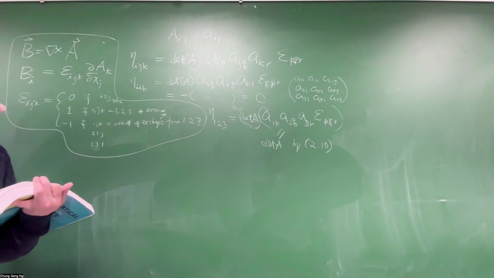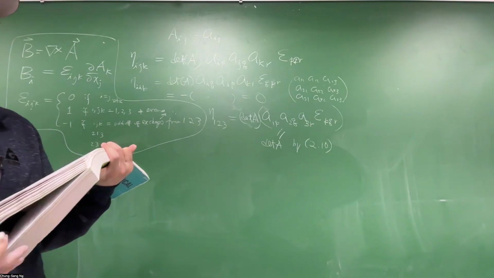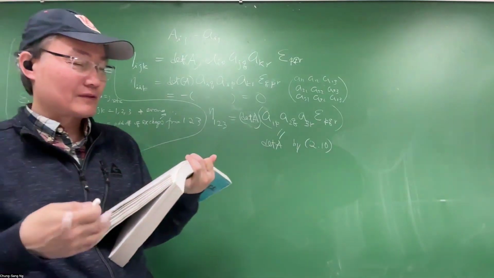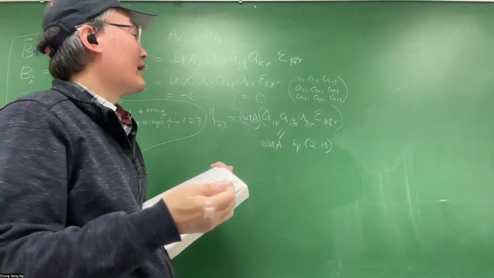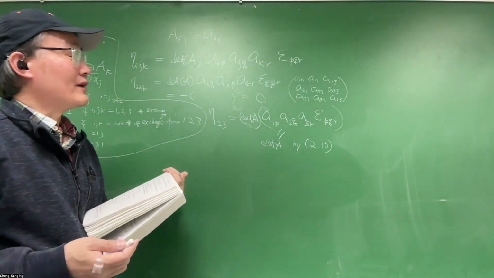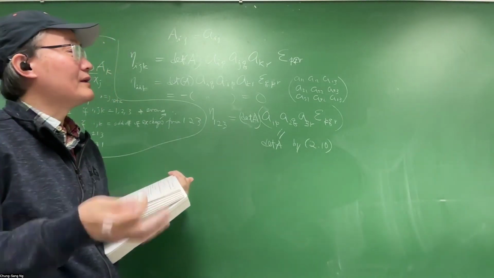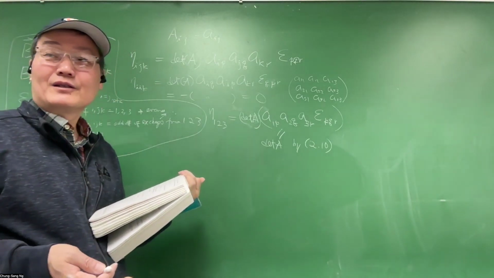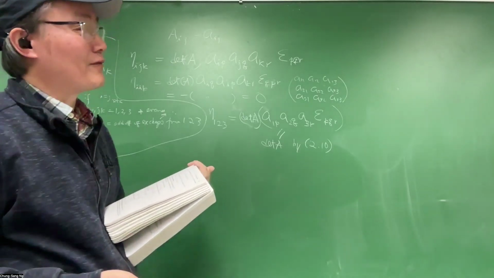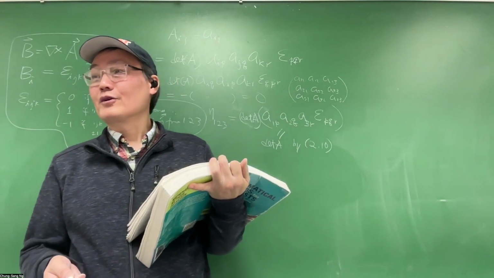That's how you calculate the determinant, right? And now you realize the rule has this property that all these terms involve one element in one row and one element in one column. You don't have two elements from the same column or elements from the same row.